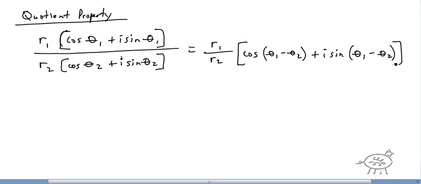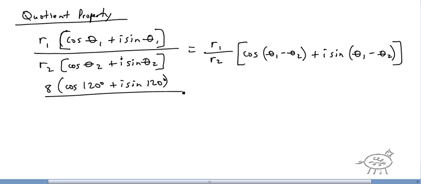Okay, so let's try a nice little friendly example here. If I have 8 times cosine of 120 plus i sine of 120 over 2 times cosine of 30 plus i sine of 30. Okay, very simple. It's going to be 8 over 2, which is 4.